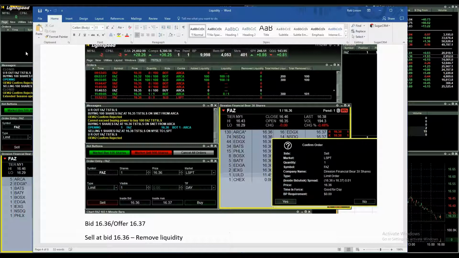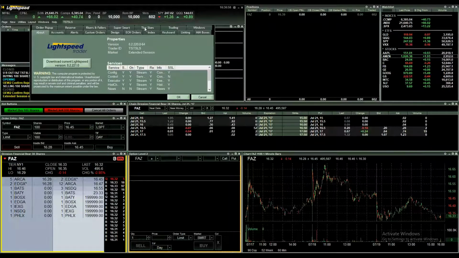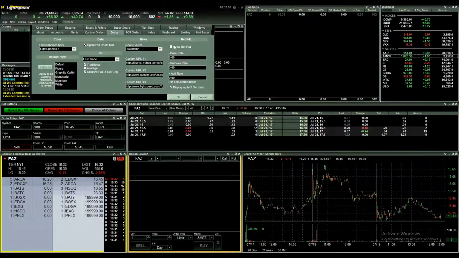There is a way to account for the fees on the program. You can enable the settings here. So just quickly jump back to my program here. If I go into my design menu and under my net P&L, I can put in rates here for add or remove liquidity.